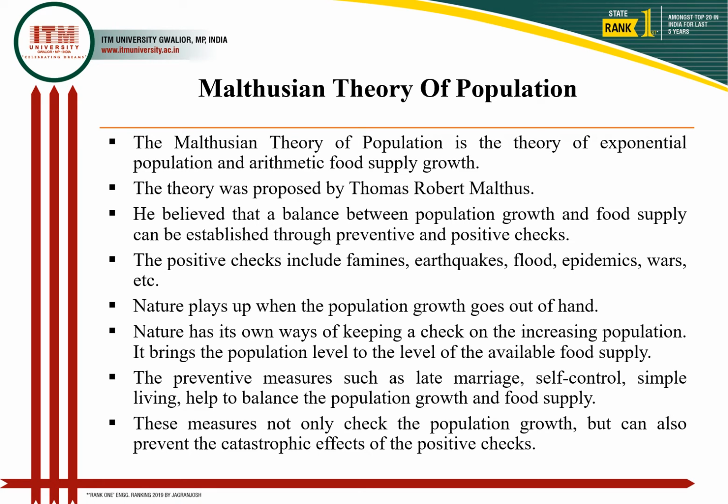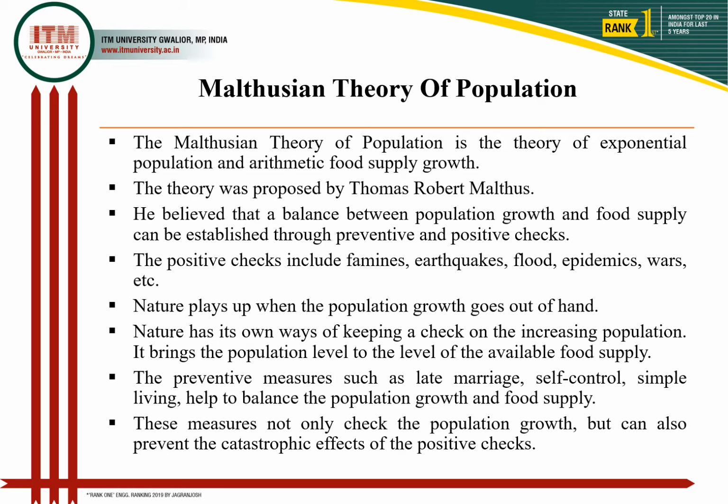So preventive measures are the stage when we are preventing the outbreak of population or the population explosion, and for that we are doing some management practices. What kind of management practices?